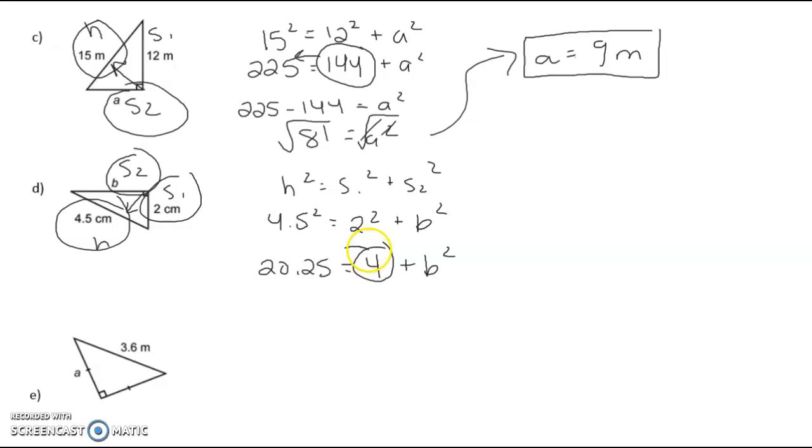So now we're going to take this number, bring it to the other side, and it becomes a negative. So 20.25 minus 4 gives us 16.25 equals b squared. And now we have to solve for b, so you have to take the square root.